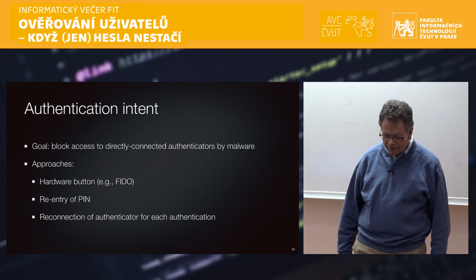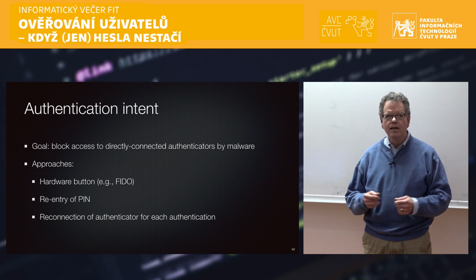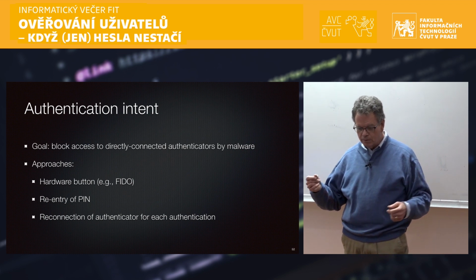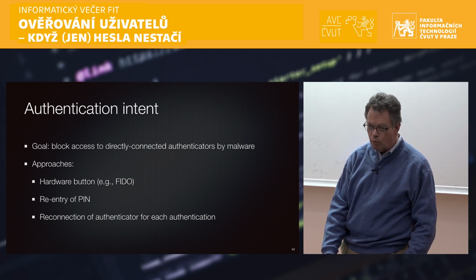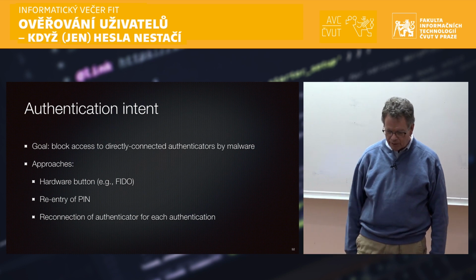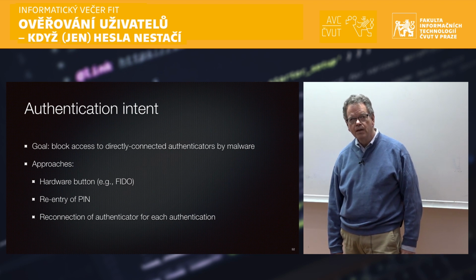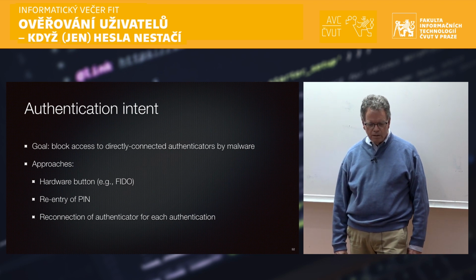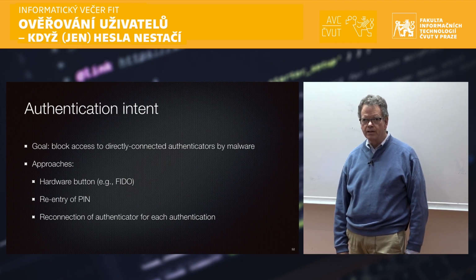And finally, authentication intent. This is maybe getting a little bit exotic, but if you've got a bunch of users that may or may not have viruses or other malware running on their endpoints, and you just have, say, a cryptographic authenticator plugged in there, you'd like for them to actually authorize the login by doing something.